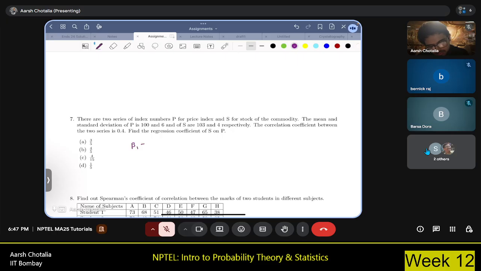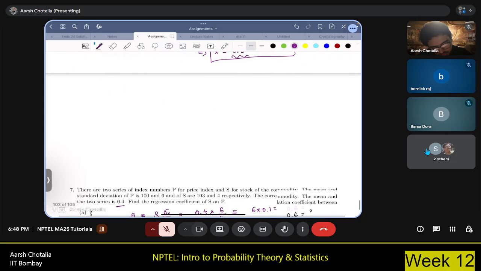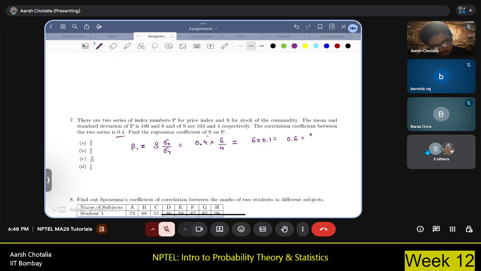So basically, beta 1 is rho times sigma x by sigma y. So 0.4, sorry, the rho is also different, into 6 by 4. This becomes 6 into 0.1. So 0.6. Sorry, did I make a mistake? Of S on P. Okay, so this is the opposite. I should be careful here.